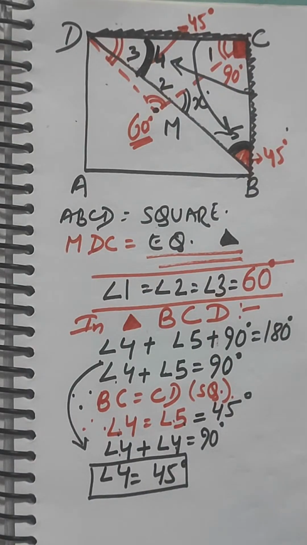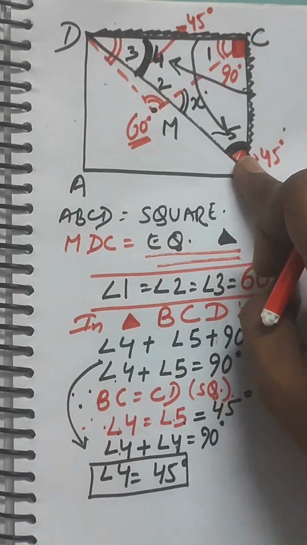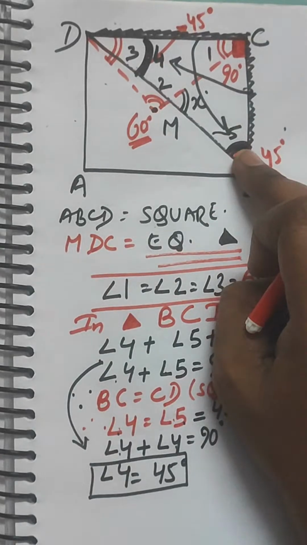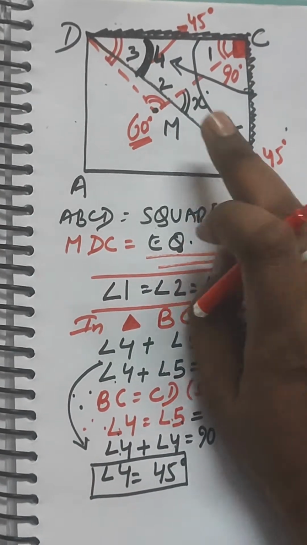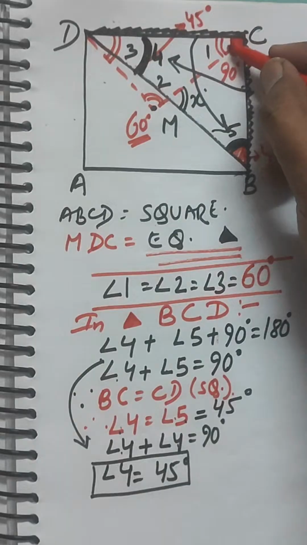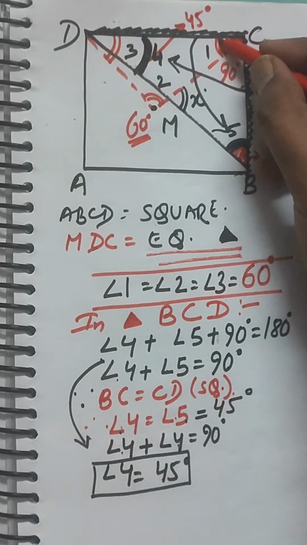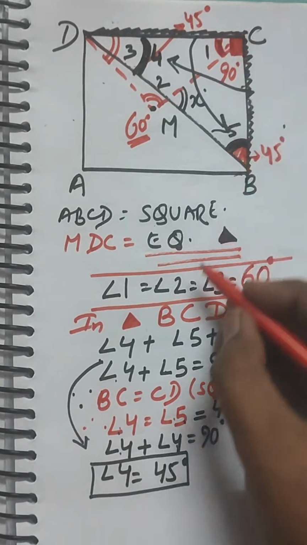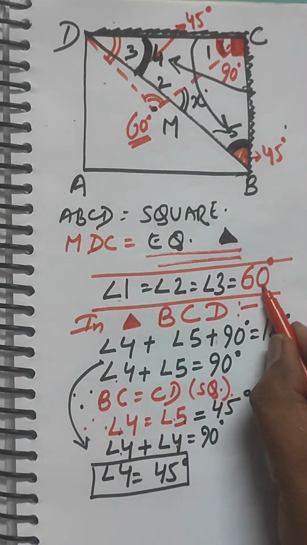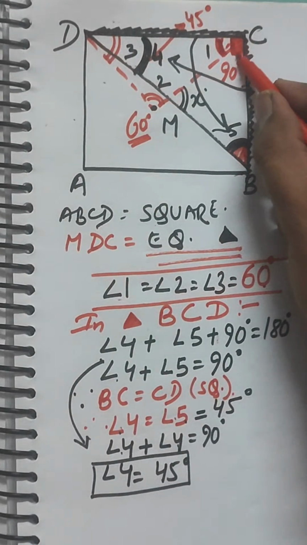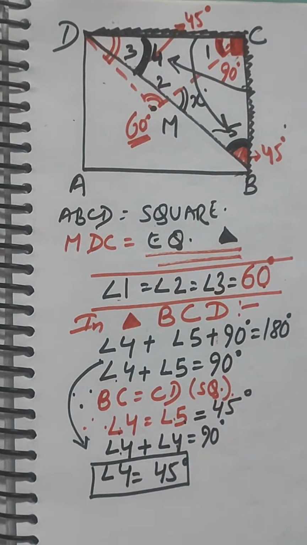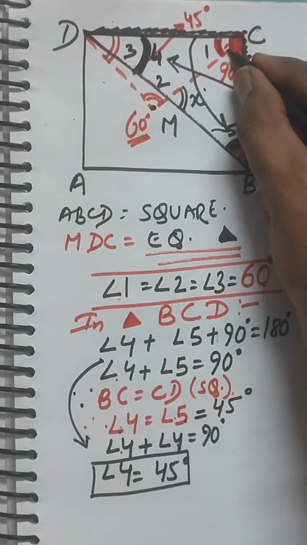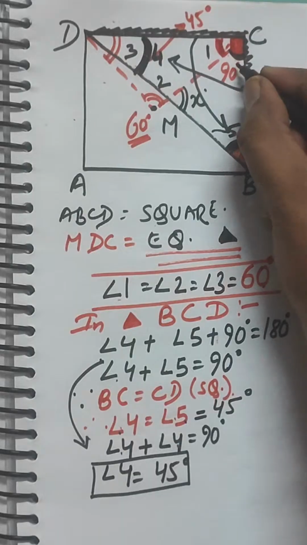Now if this is 45, and being an equilateral triangle, this angle 1 is 60 degrees, we can find this part. Let's say this is angle 7.